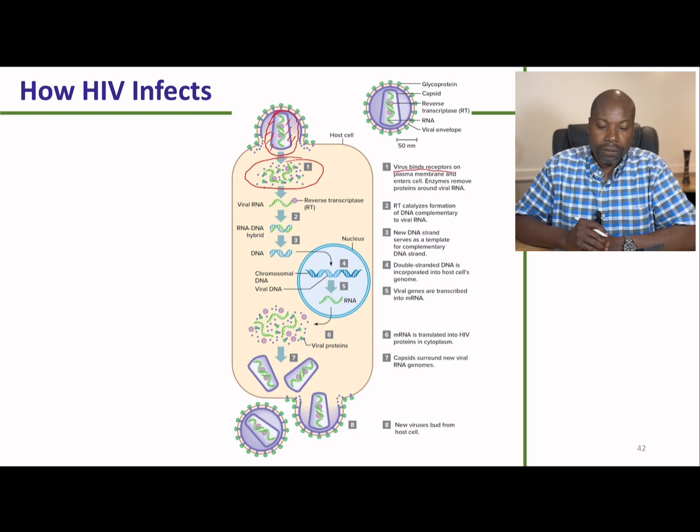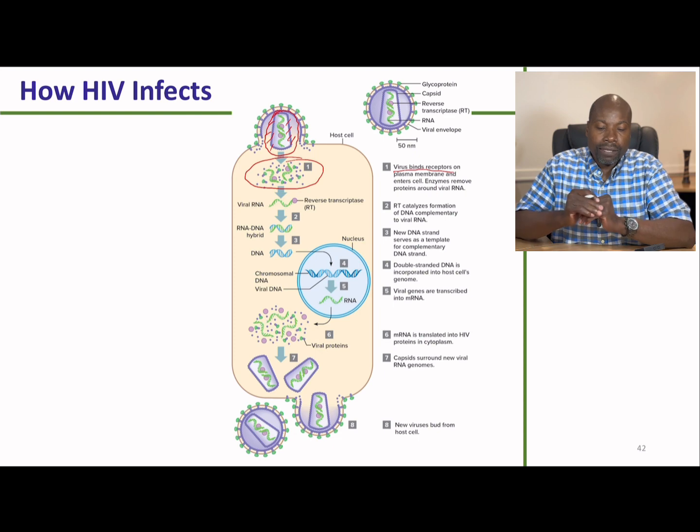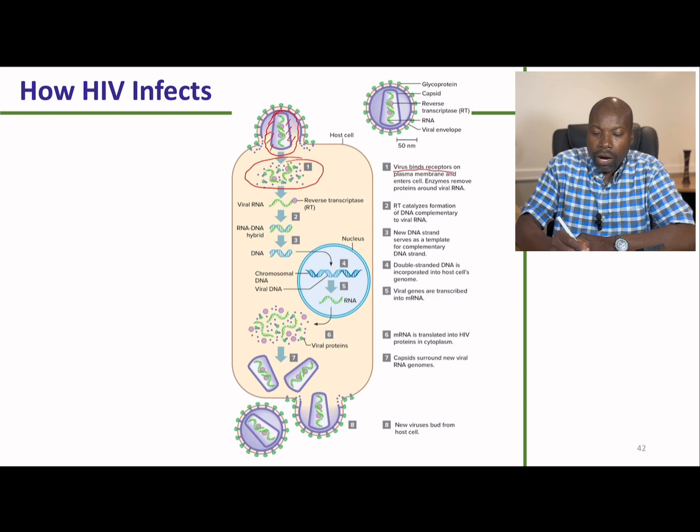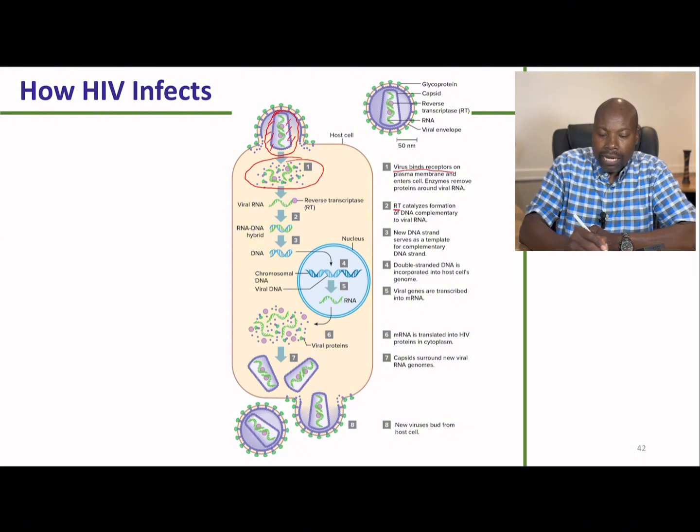At that point, know that the virus, besides coming with its RNA, comes also with an enzyme called reverse transcriptase. That reverse transcriptase, RT, is the enzyme that is going to catalyze the reaction of converting the viral RNA into a complementary strand of DNA. Okay?